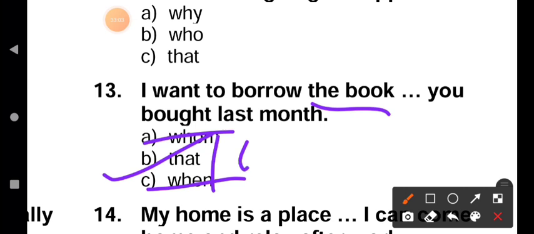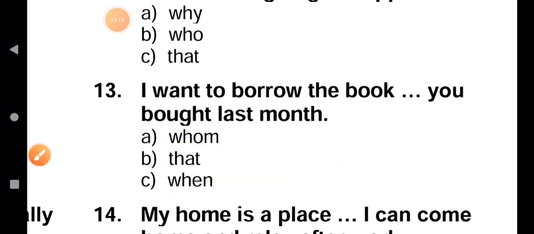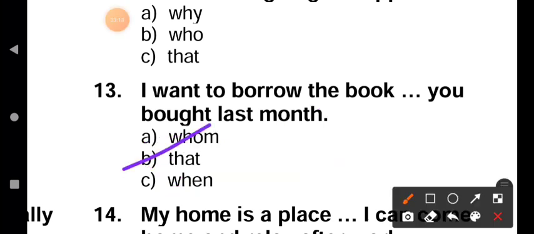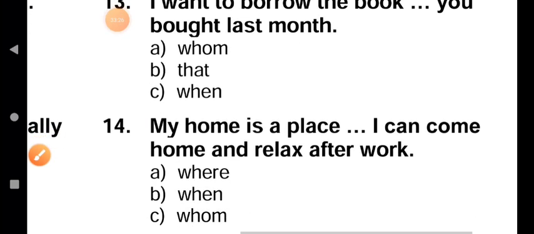Which you bought last night. That is the right answer. That is the right relative pronoun. It is a defining relative clause. All questions are based on the defining relative clause here. There are no commas, no hyphens, no parentheses.